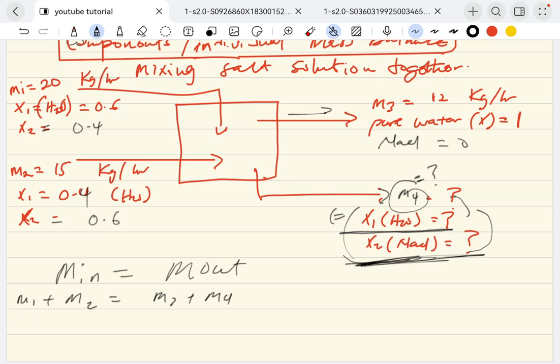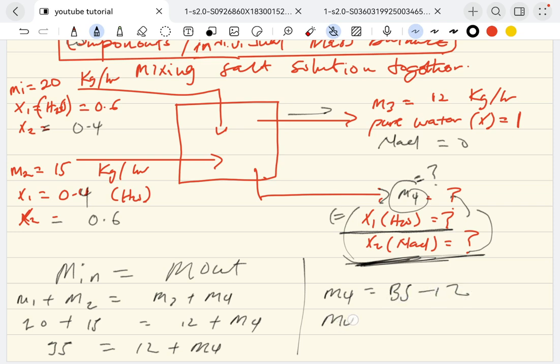We know M1 to be 20 plus M2 to be 15, which has to be equal to M3, which is 12, plus M4, which we don't know. So 20 plus 15 is 35, which is equal to 12 plus M4. So M4 will be the difference between 35 and 12, which is 23.